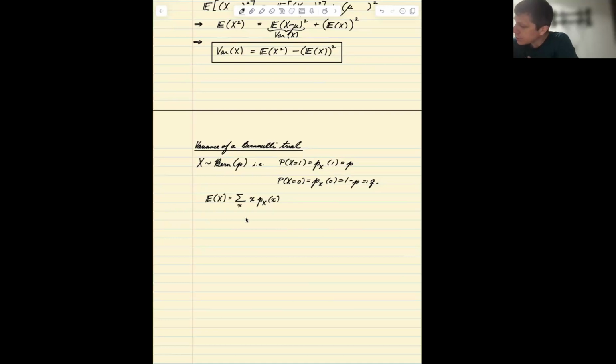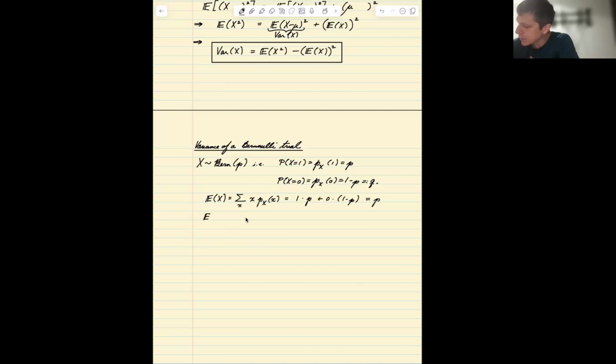In this case, there are only two possible values: 1 with probability p, and 0 with probability 1 minus p. So the expectation of a Bernoulli(p) is just p.